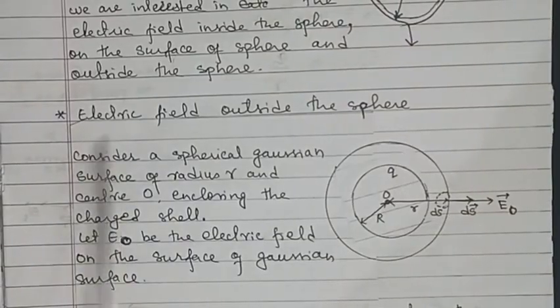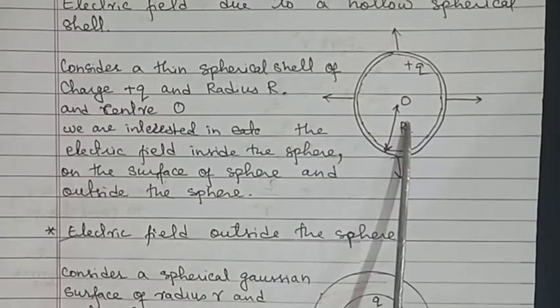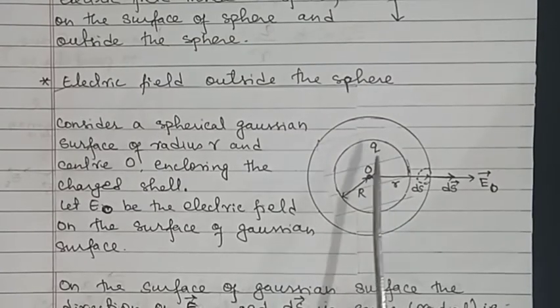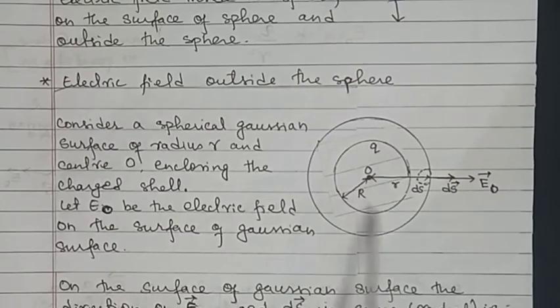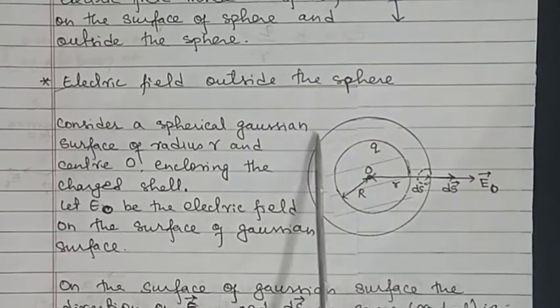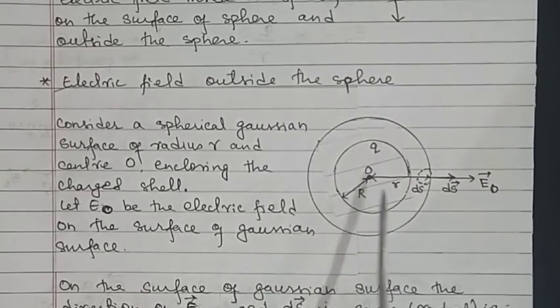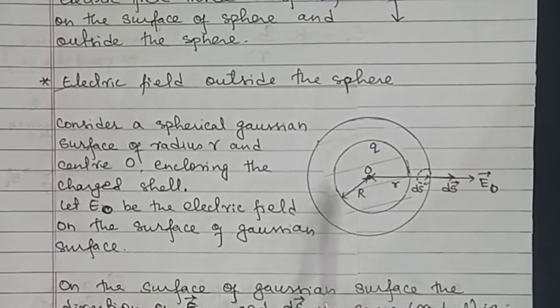So first we will find the electric field outside the sphere. So we already know this is the sphere of radius R and charge small q, and outside the sphere we are taking a Gaussian surface of radius small r, and the Gaussian surface is nothing but an imaginary sphere enclosing some charge.